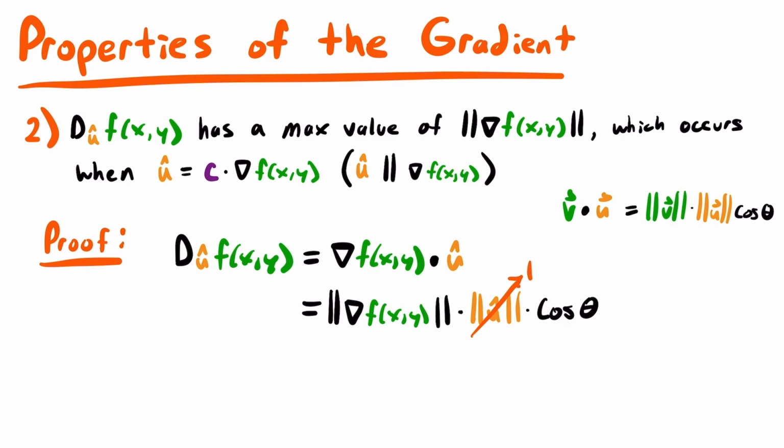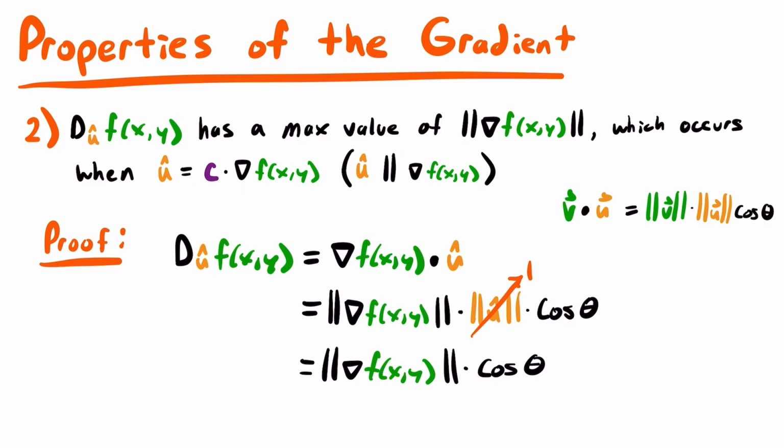The value of that magnitude is just 1. So we get that the directional derivative is equal to the magnitude of the gradient vector, del f of xy, multiplied by cosine of theta, where again, theta is the angle between those two vectors.